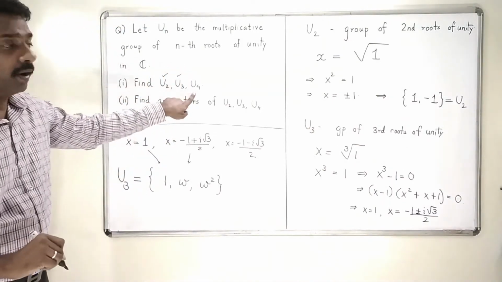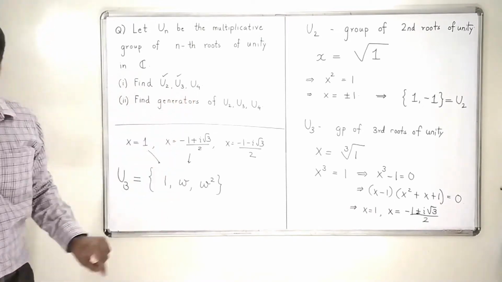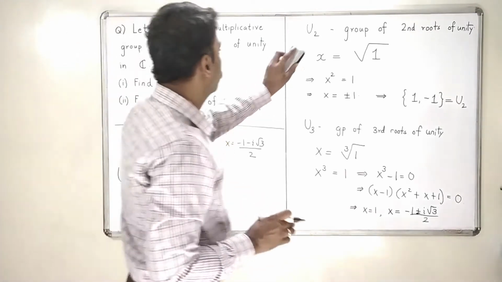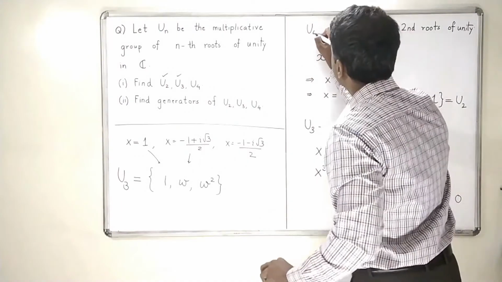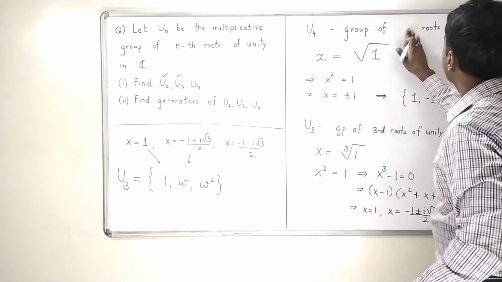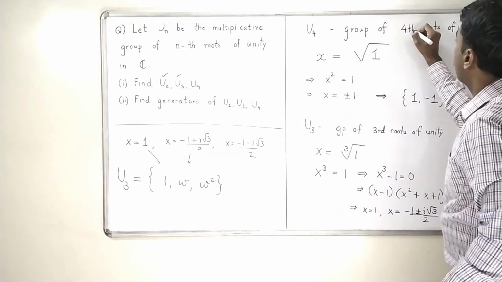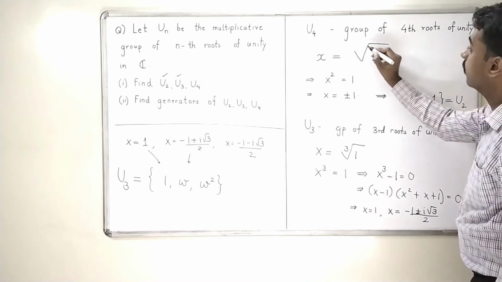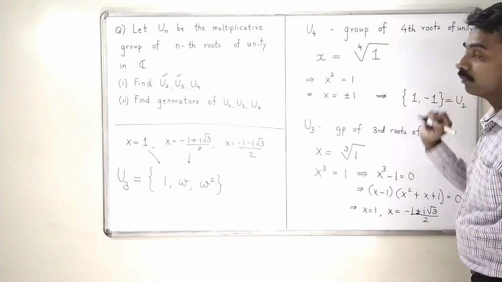Now we want to find U4. So for U4, I will write U4 is the group of fourth roots of unity. Fourth roots of unity means x is equal to fourth root of 1.